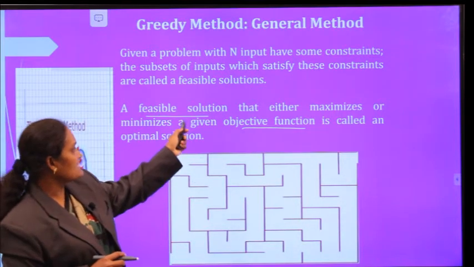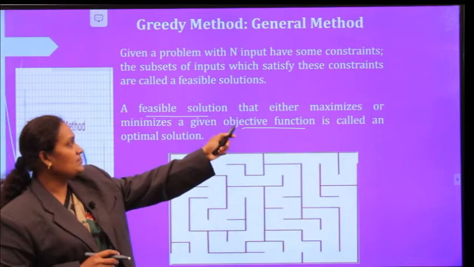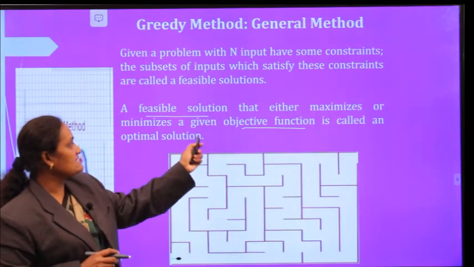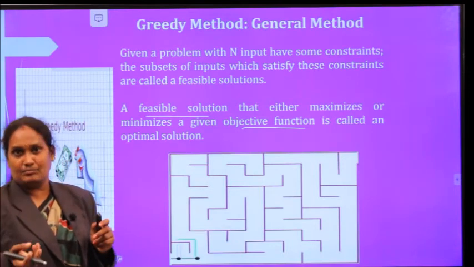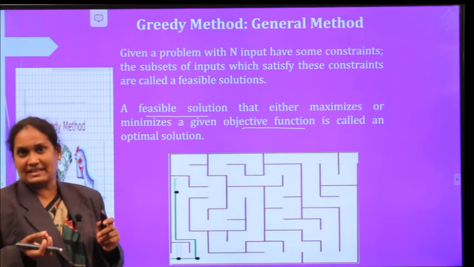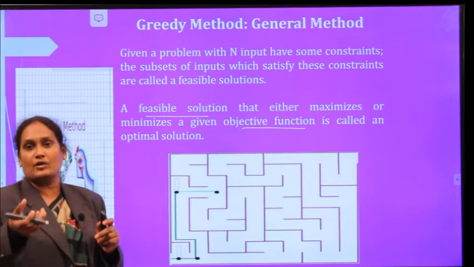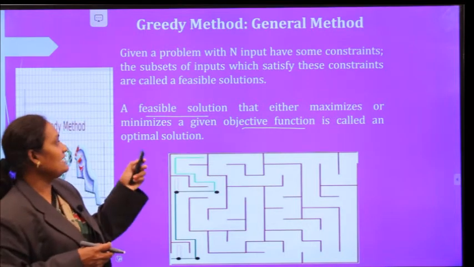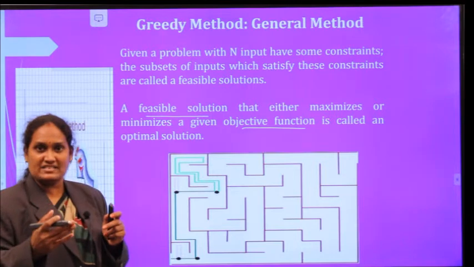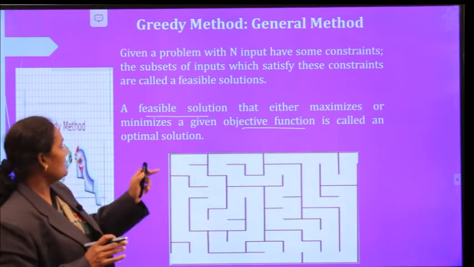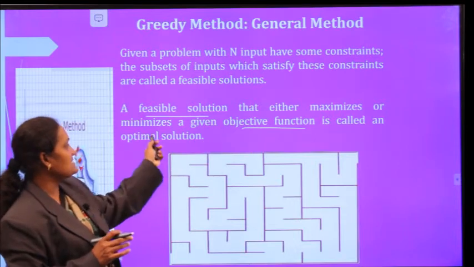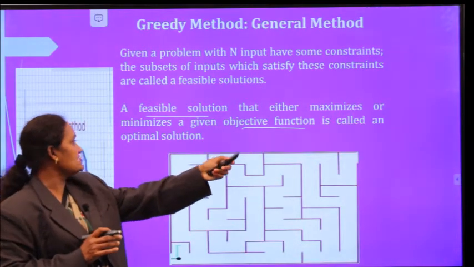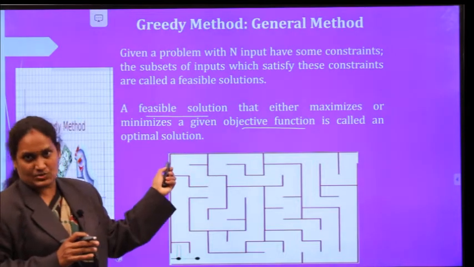Out of all those feasible solutions, the one which either maximizes or minimizes the given objective function is the optimal one. Corresponding to every problem or every application in the greedy approach, we have an objective function, and that objective function may be maximized or minimized.